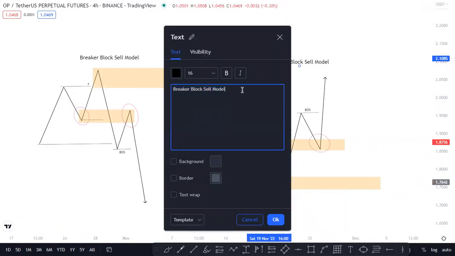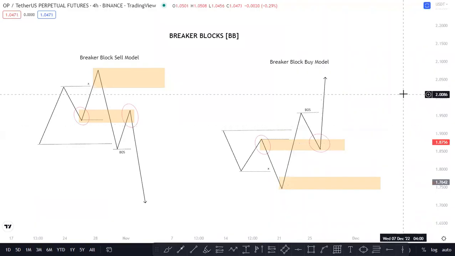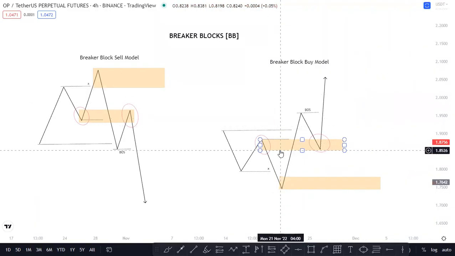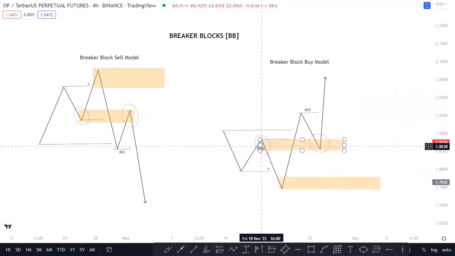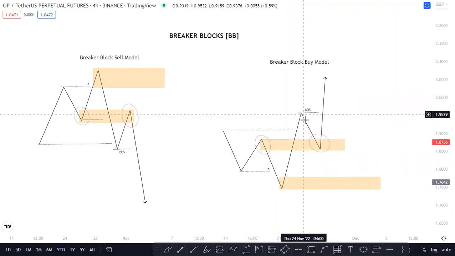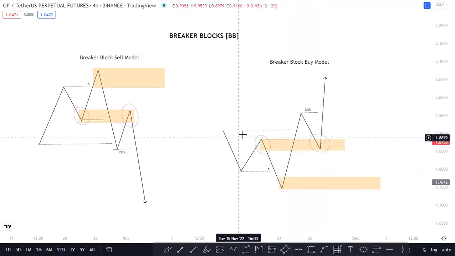Let me rename this by model. If you are going to trade this, you must know that here is the supply zone that price violates by invalidating it, and then reacts to the same supply zone.